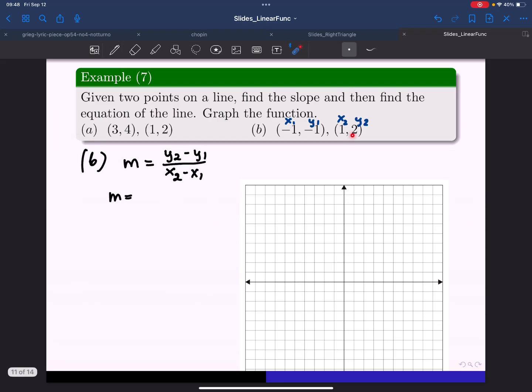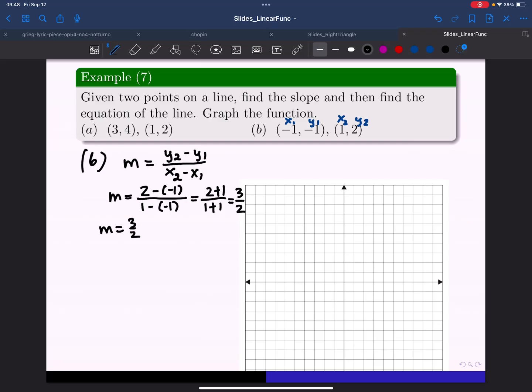Basically, we subtract 2 minus negative 1, and in the denominator we have 1 minus negative 1. 2 minus negative 1 is 2 plus 1. 1 minus negative 1 is 1 plus 1. So the slope is 3 over 2.